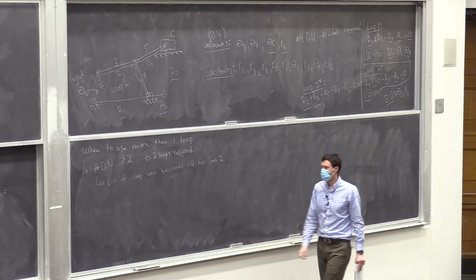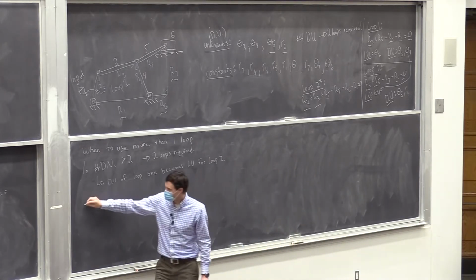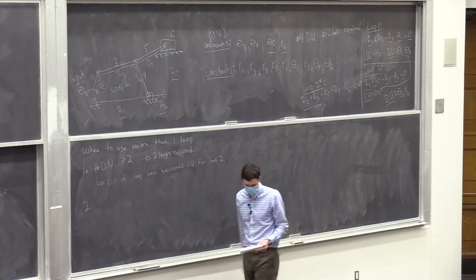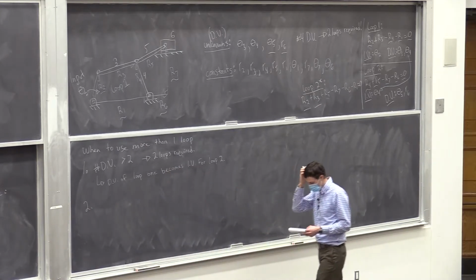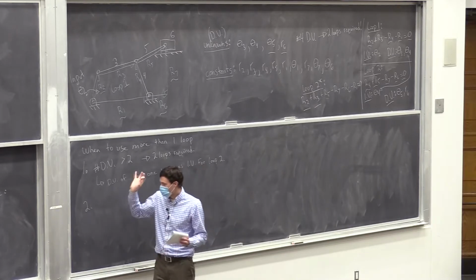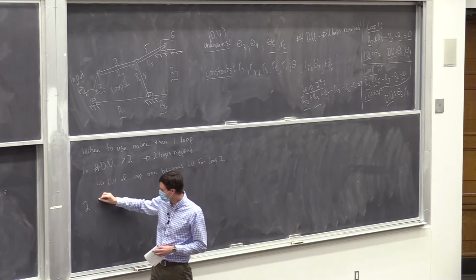Okay, that's how you should think about designing those. But there's a second case when we might want to use more than one loop. And we're going to look at an example and see why it might help us.